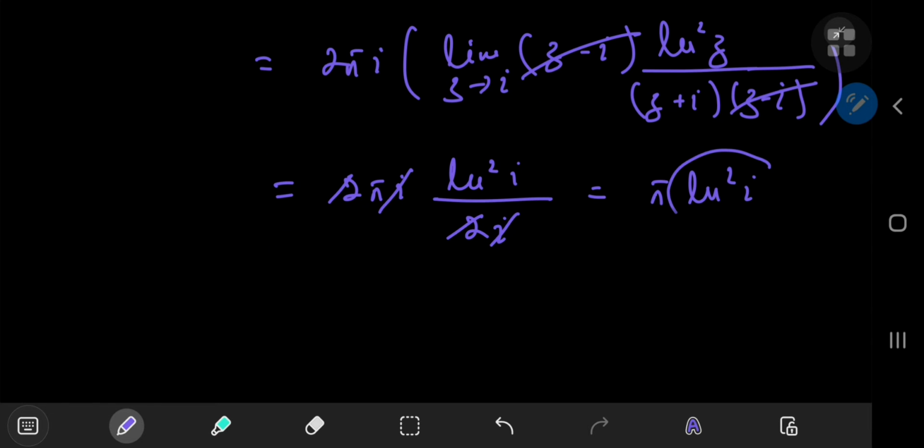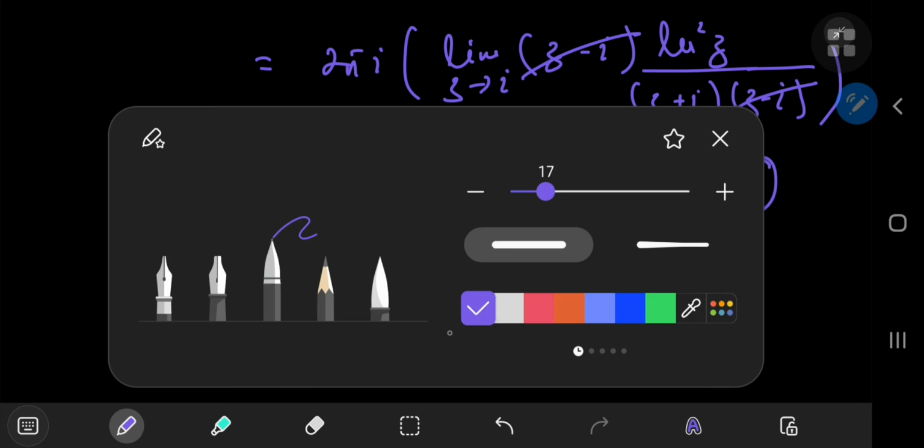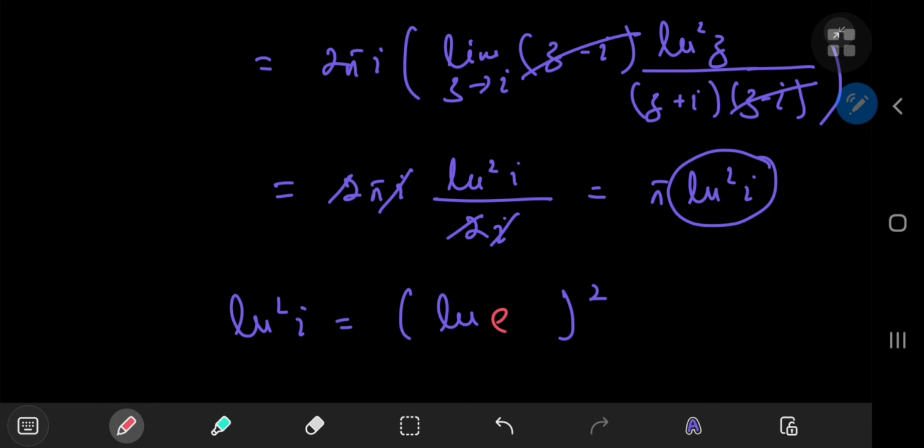So what is this term anyway? Well, the square of the natural log of i can be written as the square of the natural log of e to the i pi by 2, correct? Because the natural log and the exponential functions cancel out, you have i pi by 2, squared.